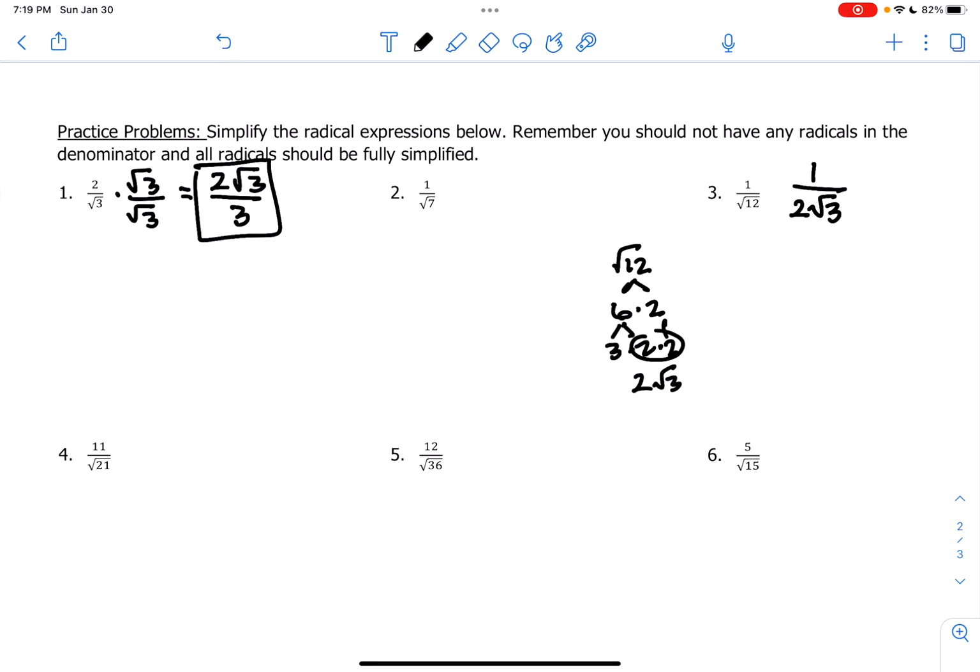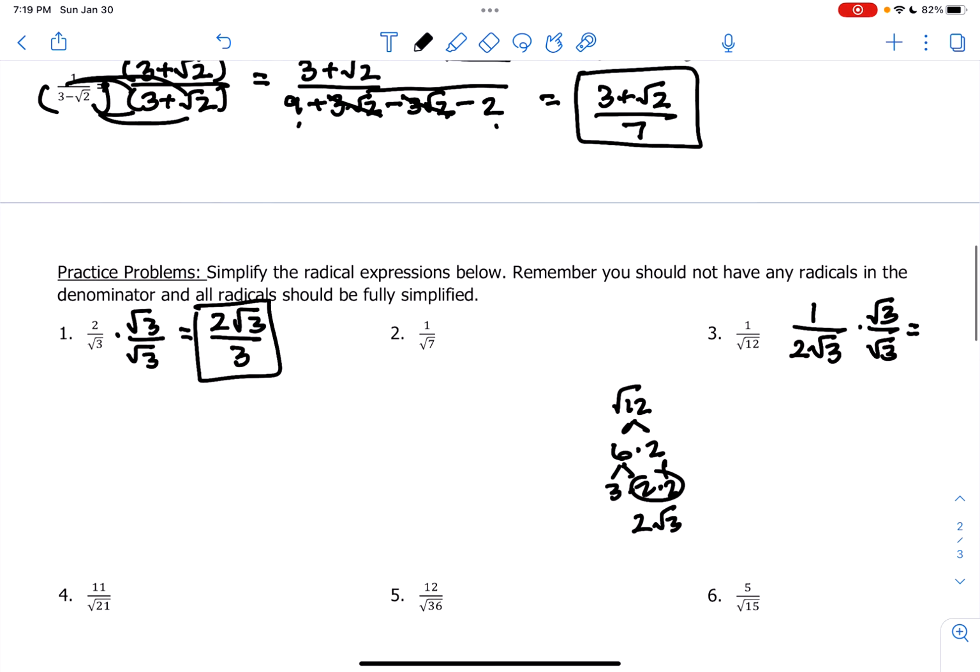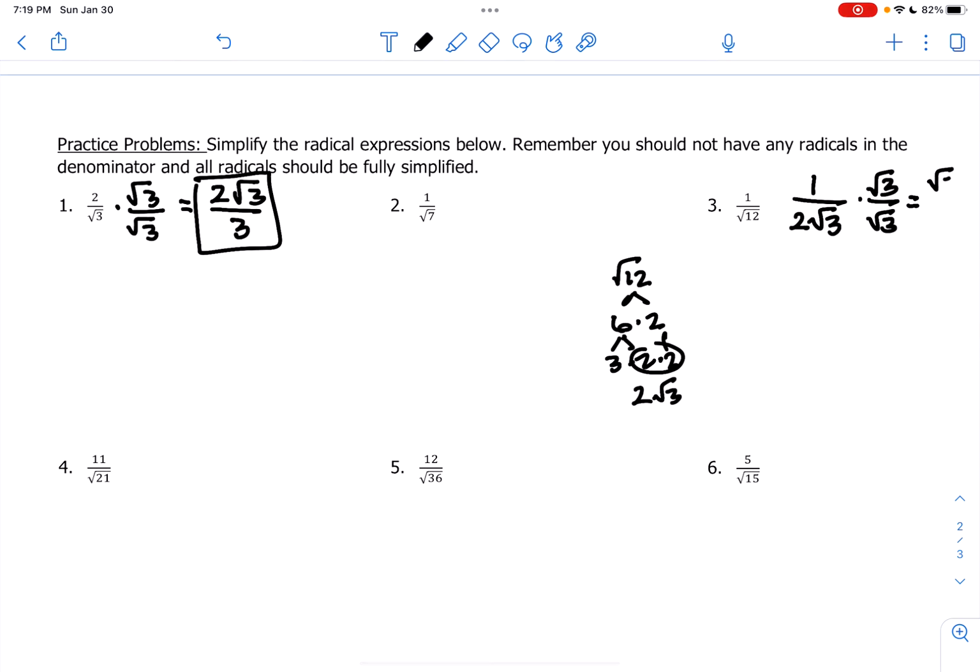So it's 1 over 2 square roots of 3. So then to rationalize that, I would multiply by square root of 3 over square root of 3. And that's going to give me the square root of 3 over 2 times the square root of 9, or 2 times 3, which is 6. And so I have the square root of 3 over 6.